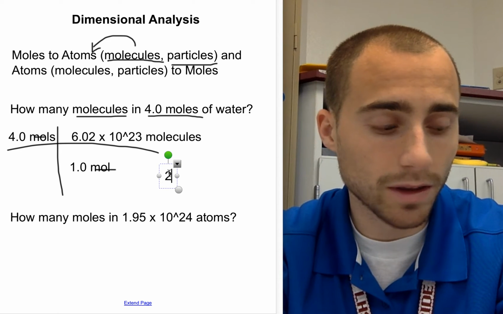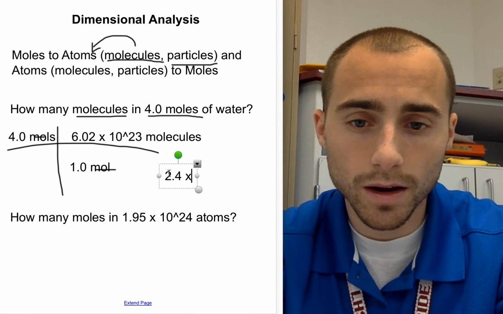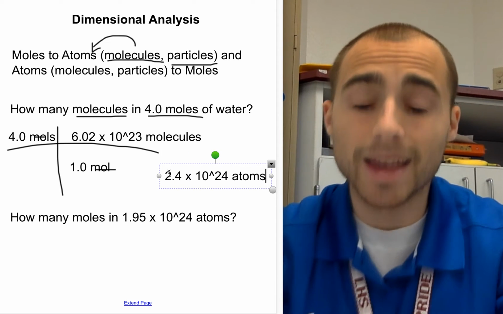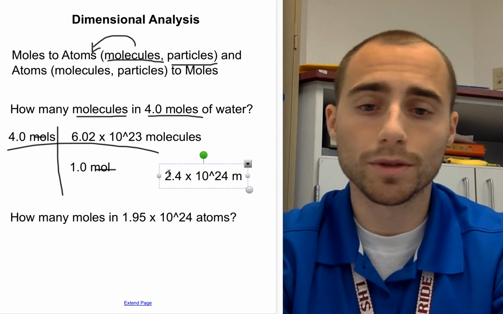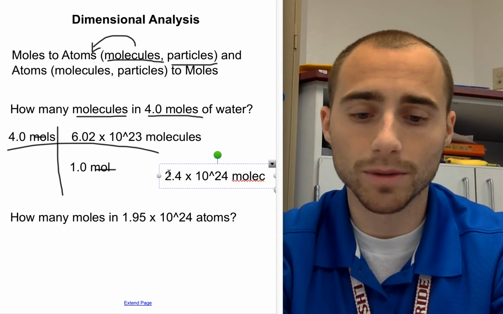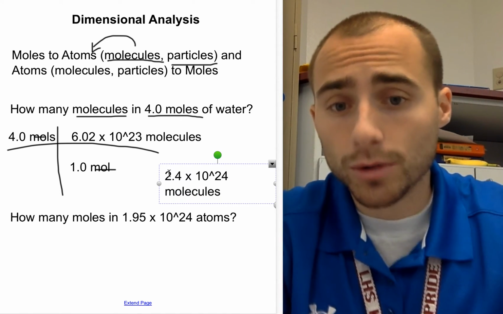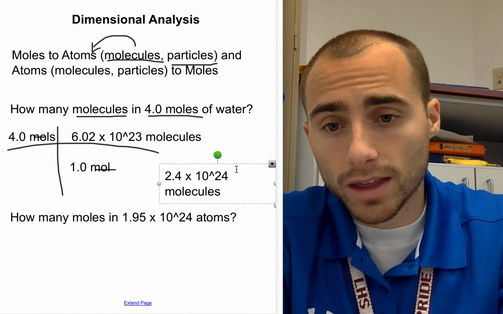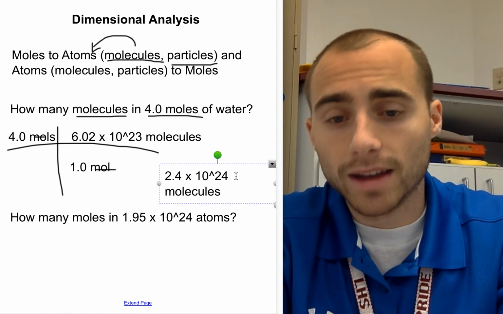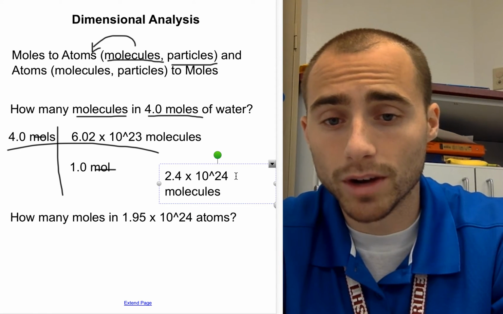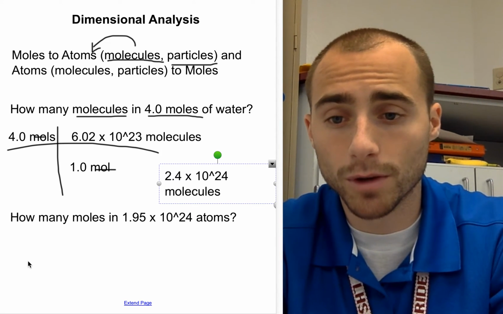And you end up with 2.4 times 10 to the 24th atoms. Anytime, molecules and atoms, like I said, treat them the same way. Anytime you are solving for atoms, molecules, or particles, you're going to end up with a scientific notation type answer because it's going to be such a big number. So you end up with 2.4 times 10 to the 24th molecules here.